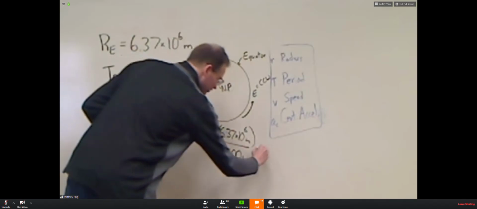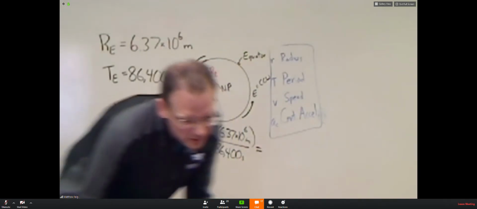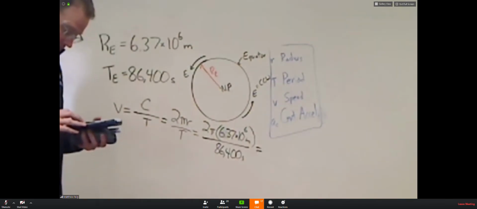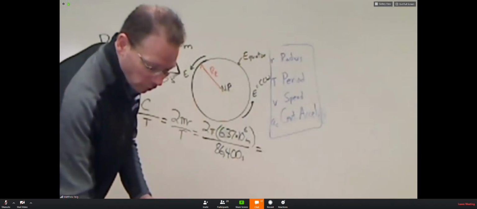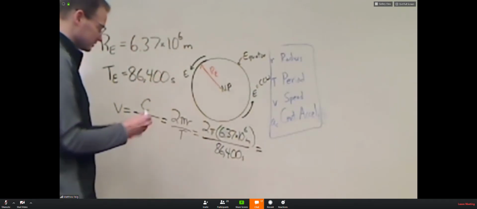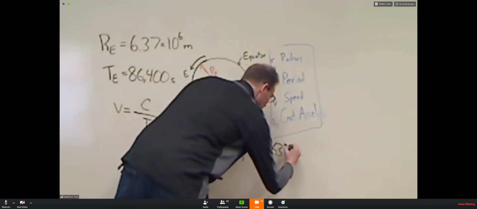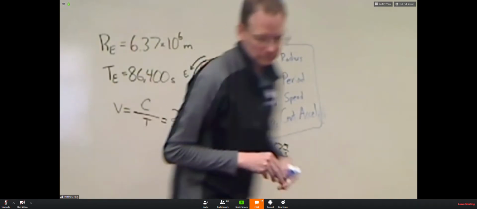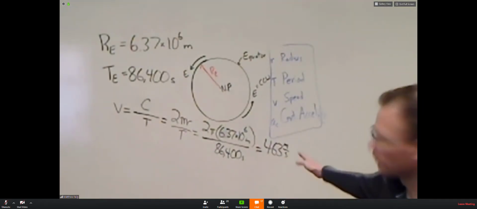How fast is the equator moving? I got 463. Anybody else? 463 meters per second. Okay, so far so good.